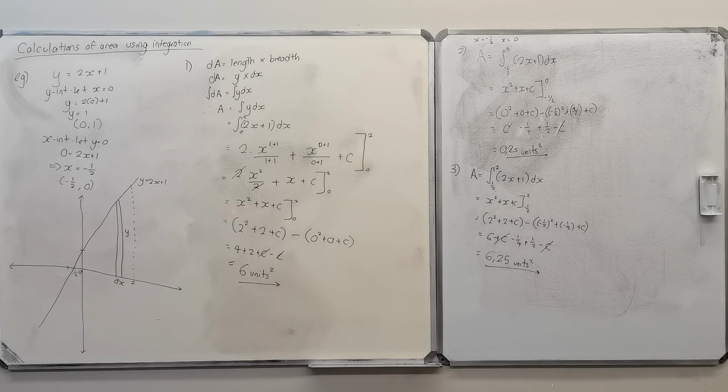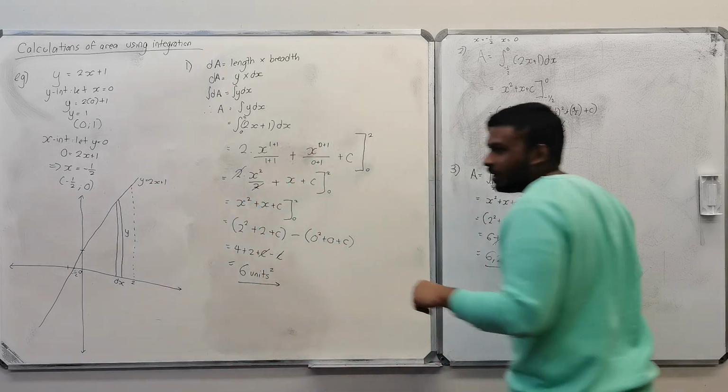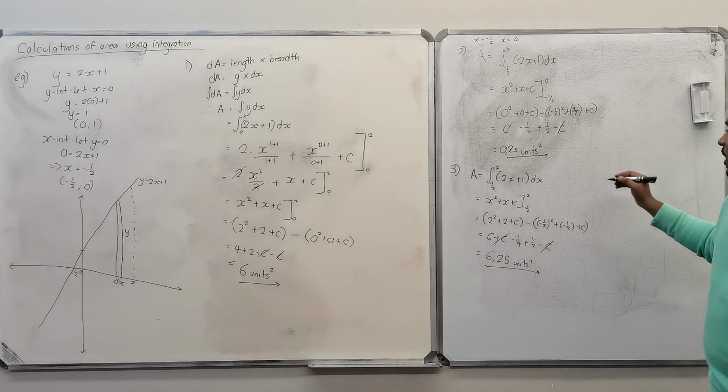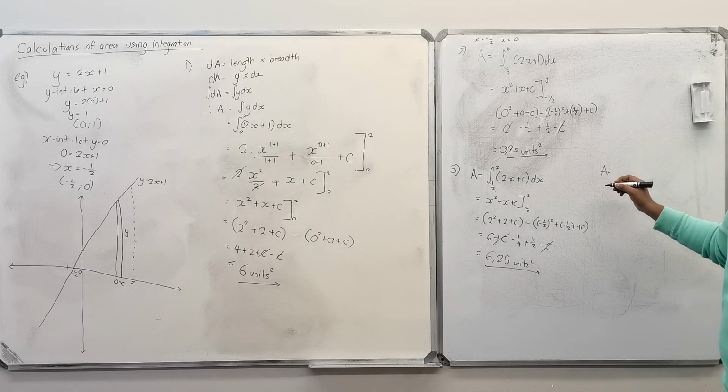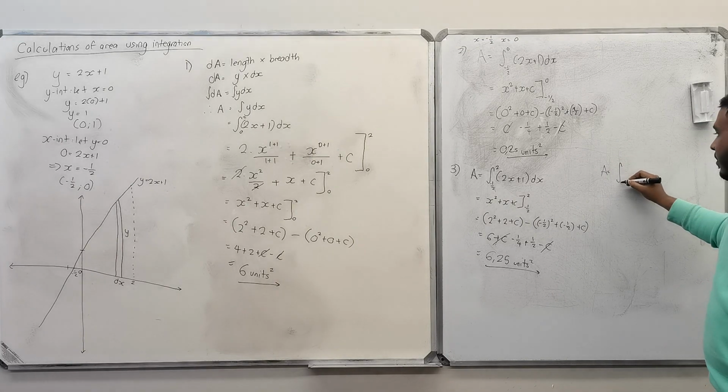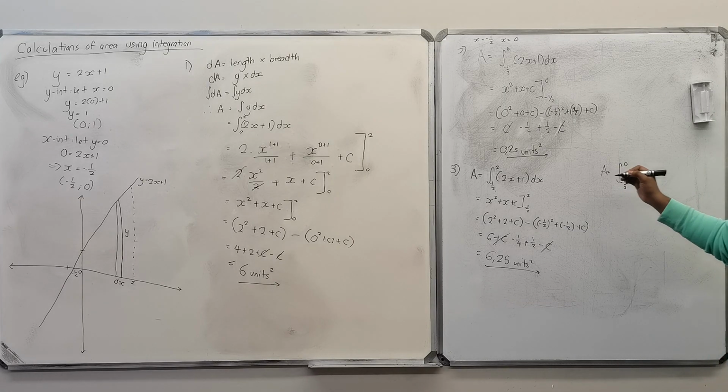Or you could have said at the start, instead of integrating from there, the area would have been equal to the integral from minus half to 0 of 2x plus 1 dx, plus the integral from 0 to 2 of 2x plus 1 dx, right?